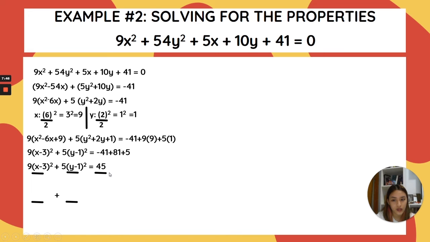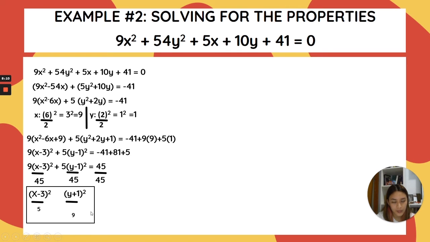So we need to divide all the terms by 45. So we have here x minus 3 quantity squared over 5, and then plus y plus 1 quantity squared over 9 equals 1. This is our standard equation.